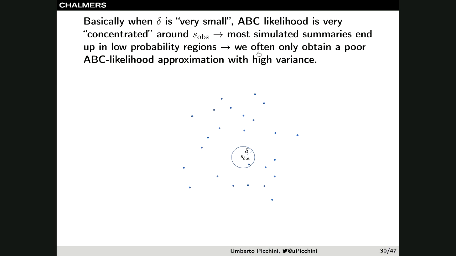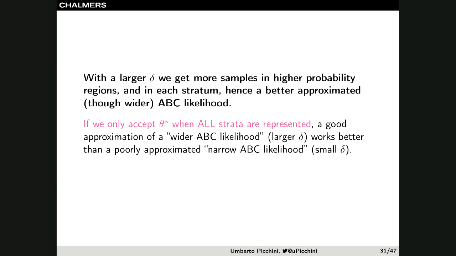And typically you are not in the position to simulate many times from your simulator. Maybe you simulate only once or twice, and therefore you obtain a poor ABC likelihood approximation. And if you have few iterations that you can perform, that's going to be a problem. It will cause high variance in your ABC likelihood, and therefore sticky chains.